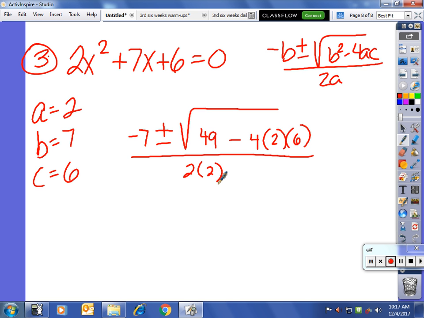Again, make sure, and this doesn't always happen, but today it should happen. You should get a nice, perfect square inside your radical symbol for today's homework because they're rigged for you to do that.